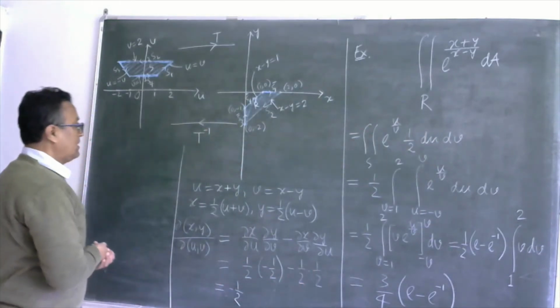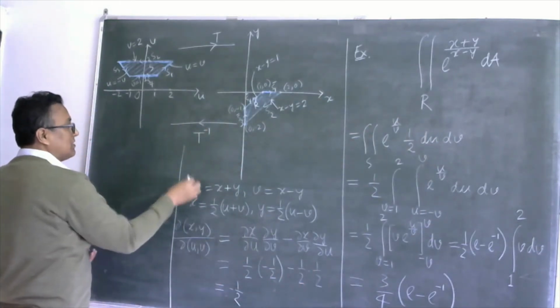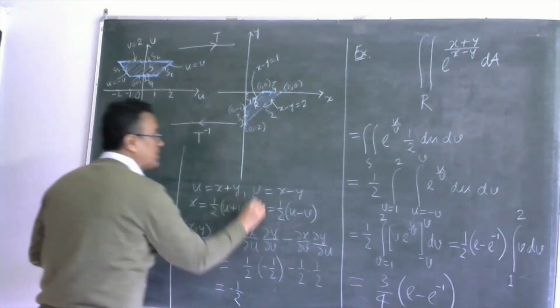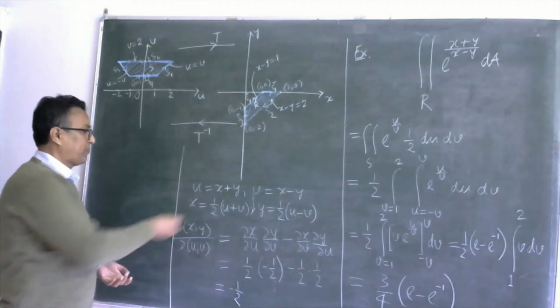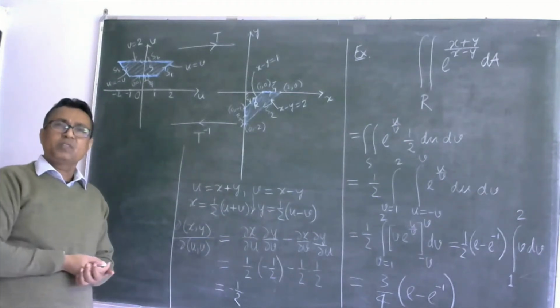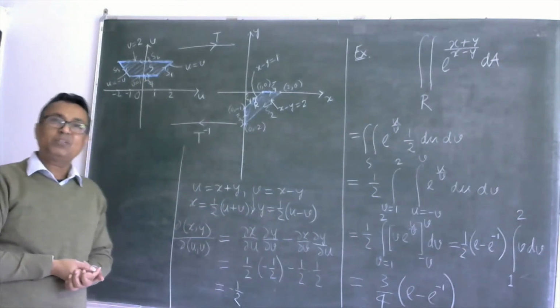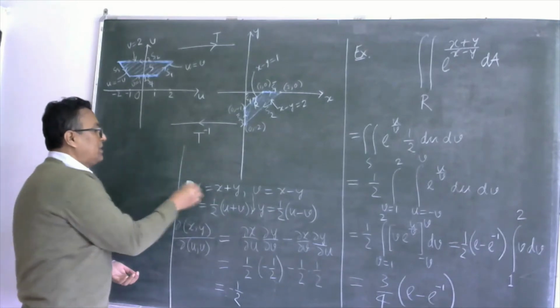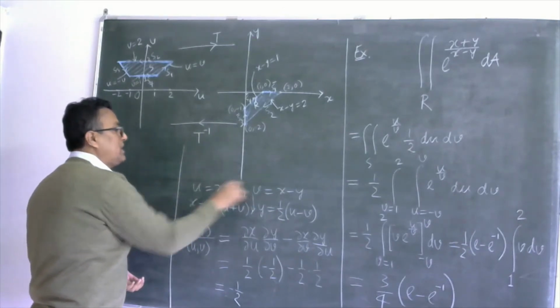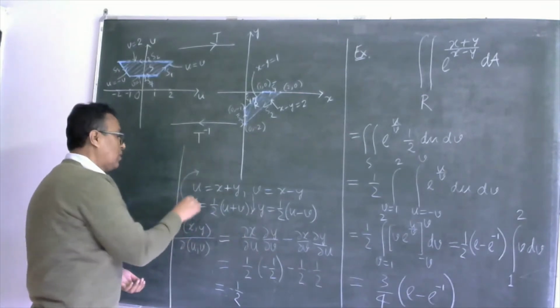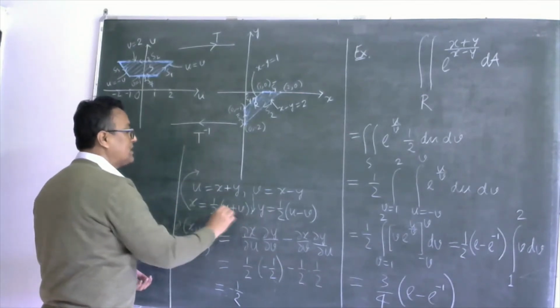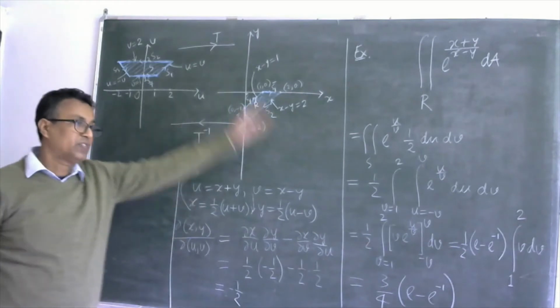Now the thing is that in this particular case, the transformations are already known, and they are pretty simple to work out. What I mean to say is that once you have u and v in terms of x and y, the reverse transformation of x and y in terms of u and v was pretty straightforward.